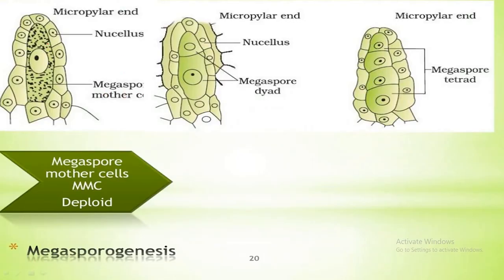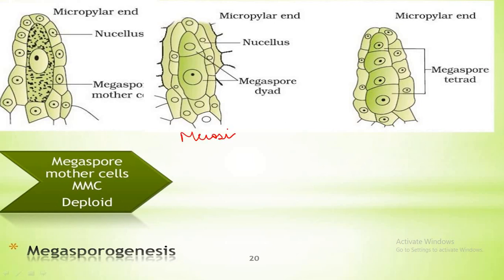See, this is the development. This is the megaspore mother cell which is present in the nucellus. Okay, and it is large, it has dense cytoplasm and it has a prominent nucleus. Now this megaspore mother cell undergoes meiosis, which results in formation of, this is completion of meiosis 1.